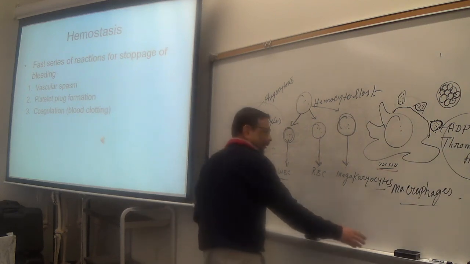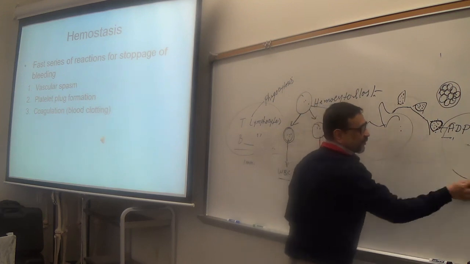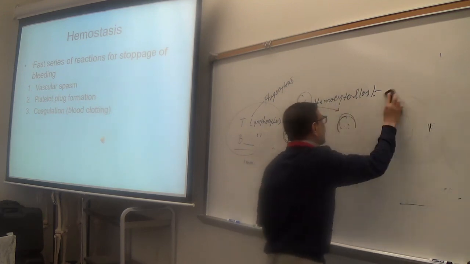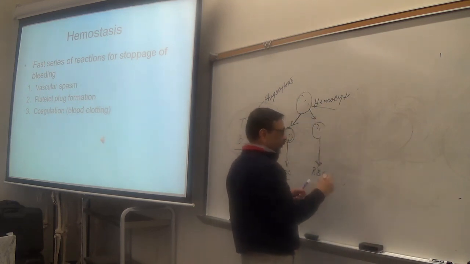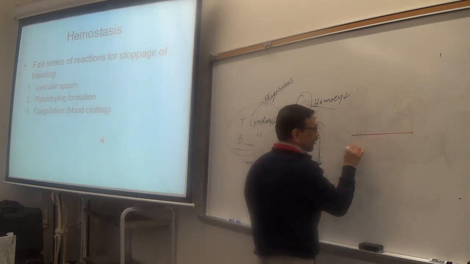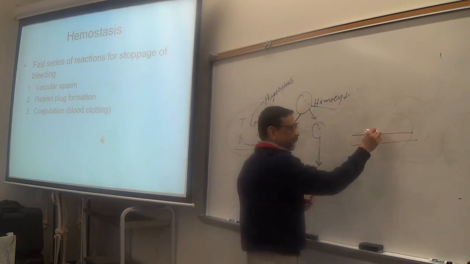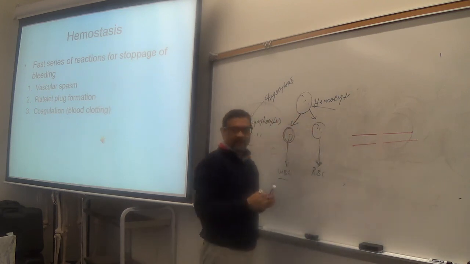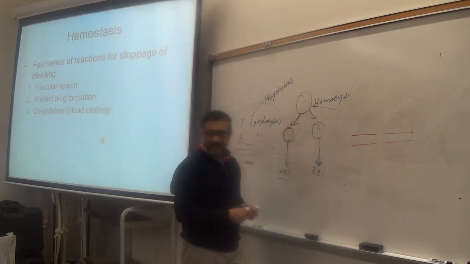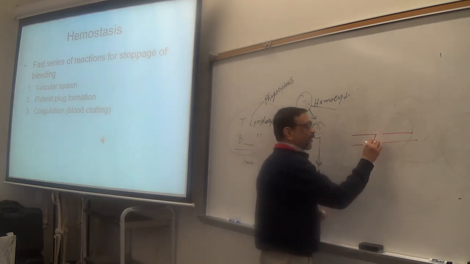Now, hemostasis has 3 steps. When you get a cut, those 3 things happen. You see here, this is a blood vessel. Now you got a cut here. First thing, what happens? This is the normal size of the lumen of the blood vessel, wide open.